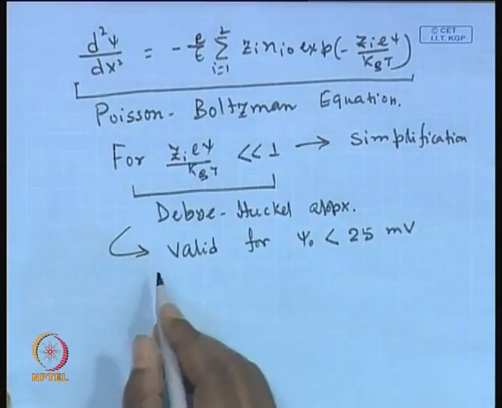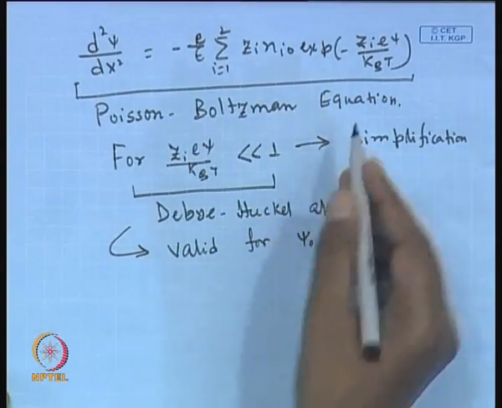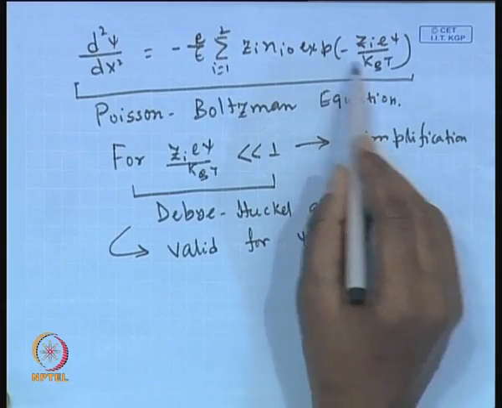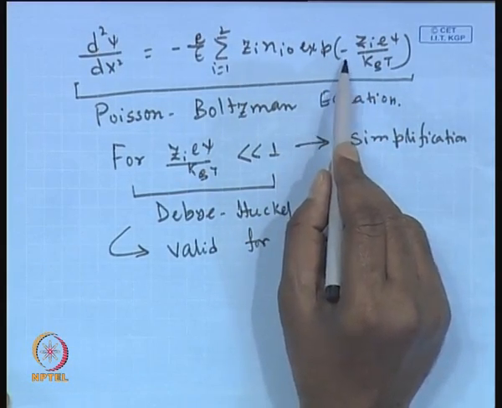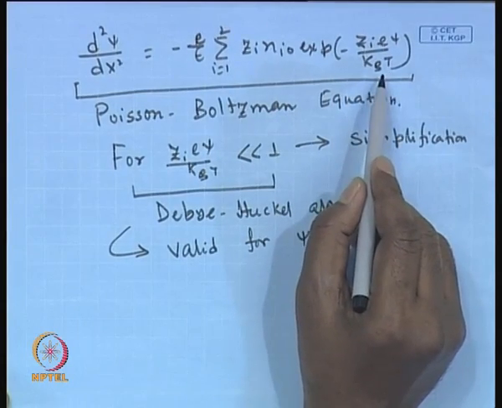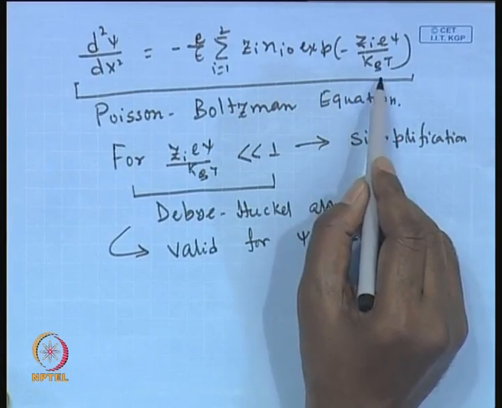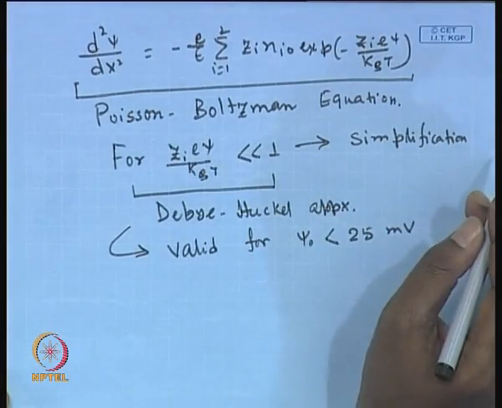Now, under this approximation, if you open up the exponential term, e to the minus z e psi by k b t will be approximated as 1 minus z e psi by k b t, and you neglect the higher order terms. Okay.